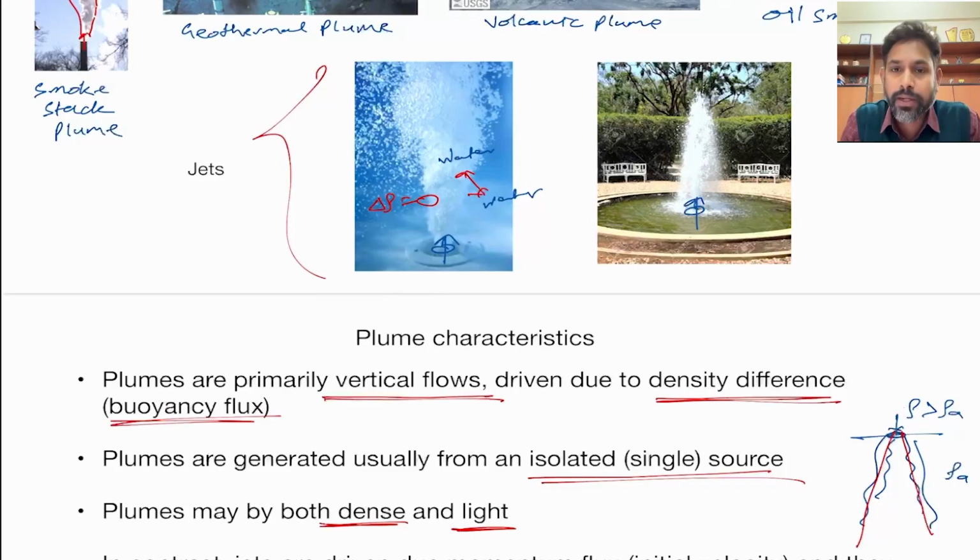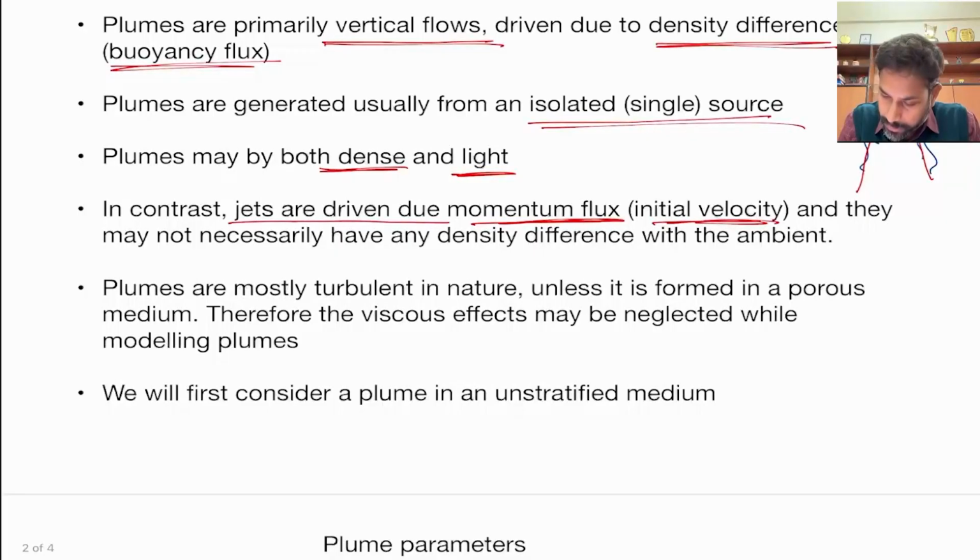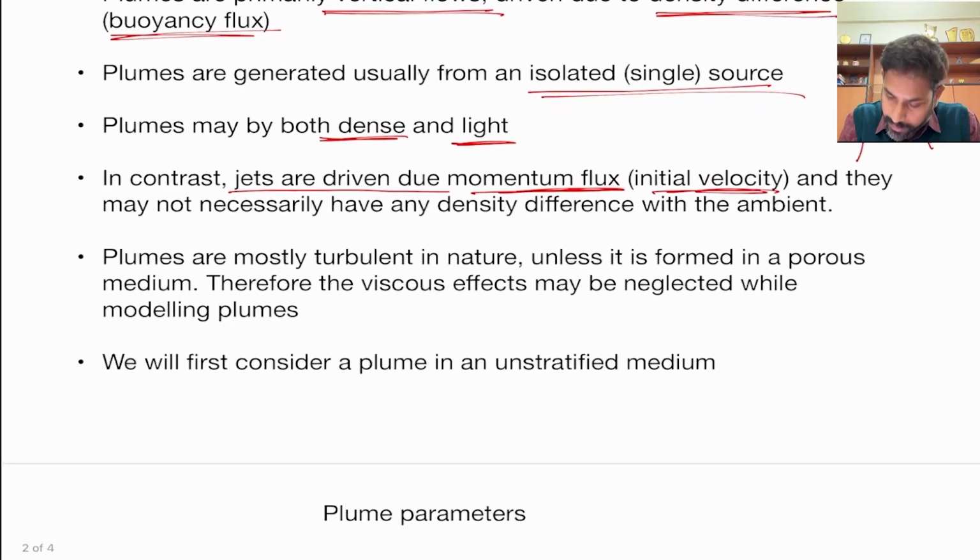But there is initial velocity, and that's why the jet is formed. So that is the major difference between a plume and a jet. A jet may also be horizontal, or downward, in very different directions, but plumes are primarily in the vertical direction because of the buoyancy force.